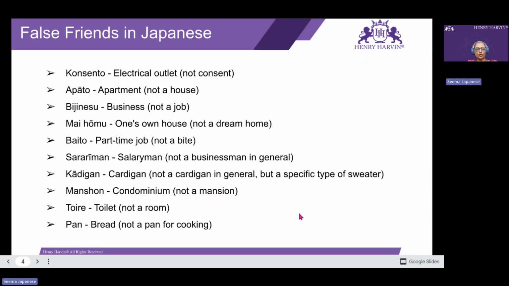Baito is a part-time job, not a bite. Sarariman is a salaryman, not a businessman in general. Cardigan is a specific type of sweater. Mansion is condominium, not a mansion. Toire is toilet, not a room. Pan is bread, not a pan for cooking.